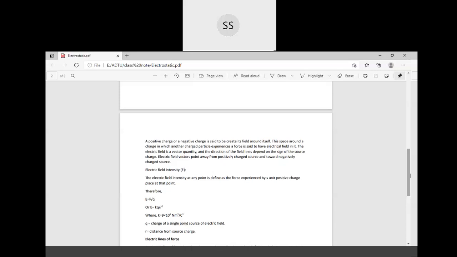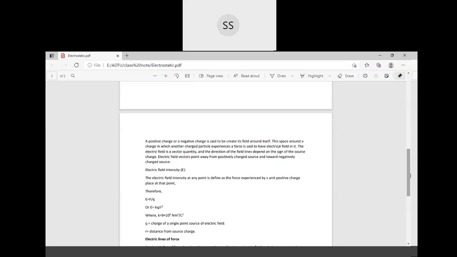When we place it in the area around the electric field of the source charge, the unit positive charge will get attracted or repelled depending upon the sign of the source charge Q. So when we put the positive charge, or the test charge, near the source charge, it will get attracted or repelled easily.